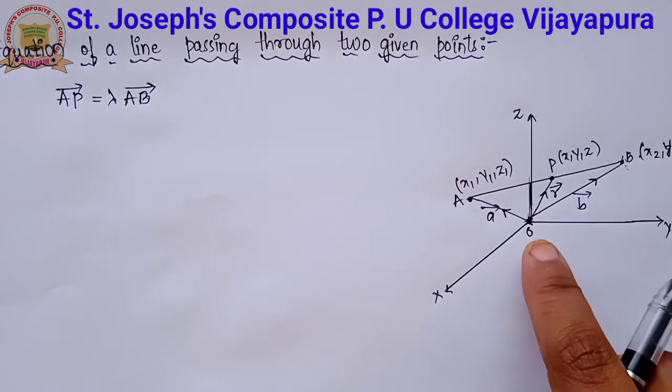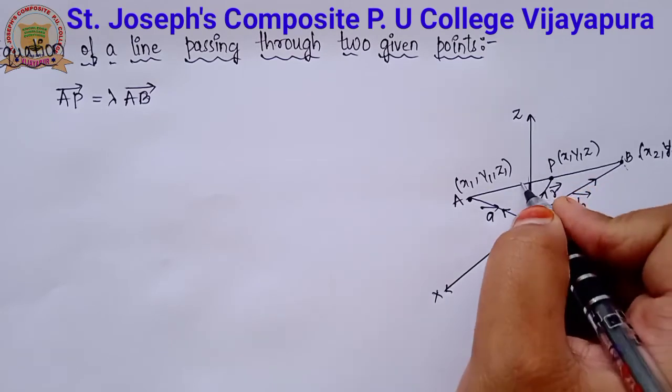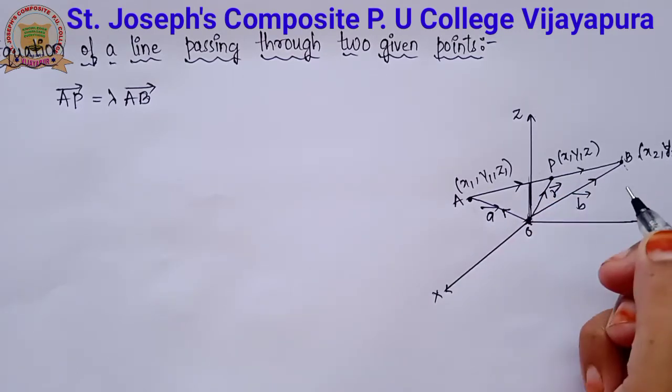From the triangle law of vector addition, I will take the direction of this line in this manner.